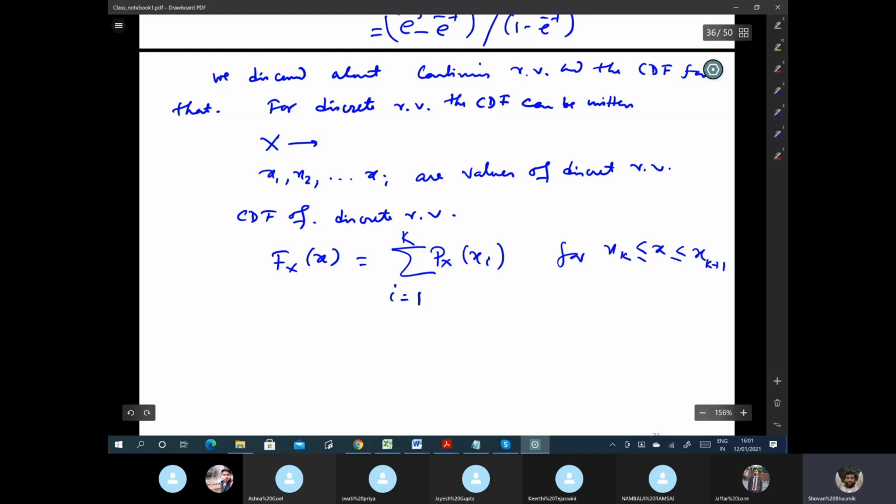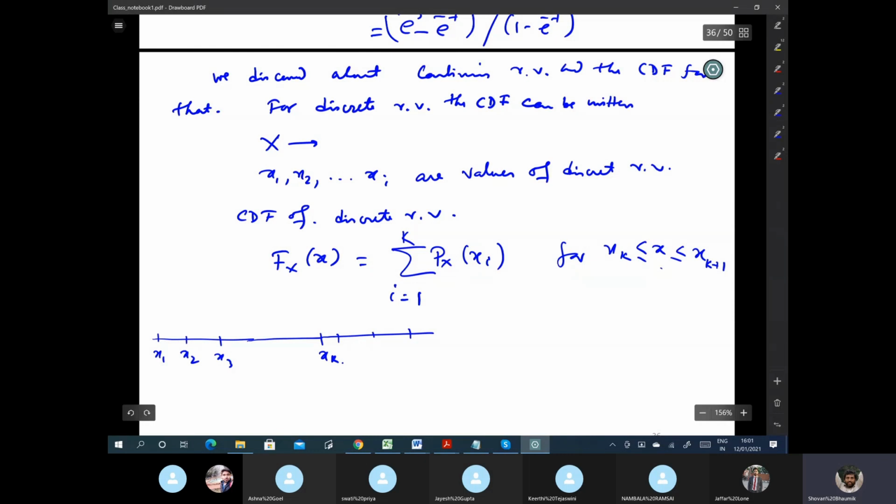Now try to understand what the meaning is. So Fx of x, where x is in between, that means we have some random variable values x1, x2, x3, dot dot dot, let's say xn or xk, and it will go further. Now at any point, what is Fx of small x?